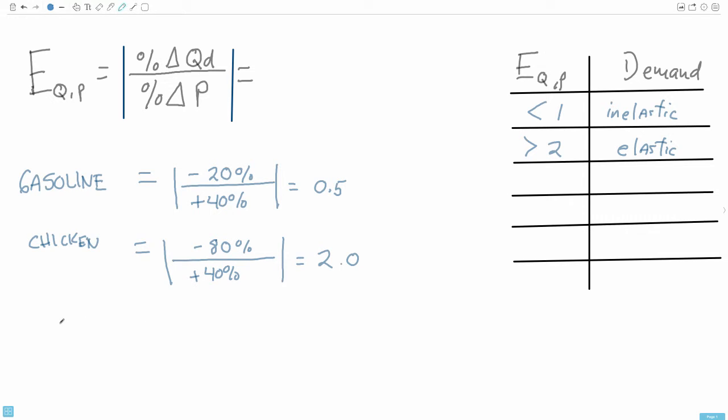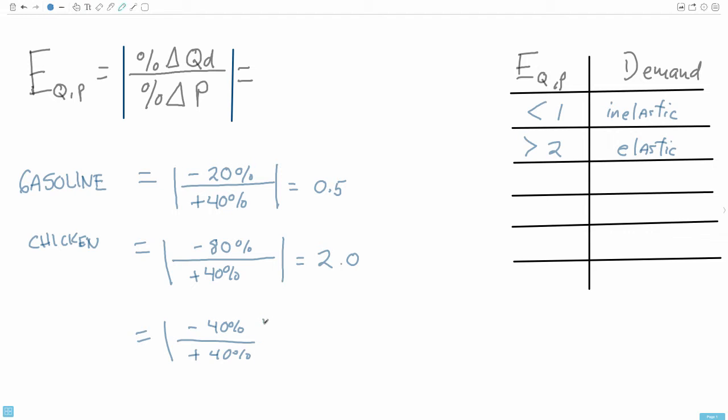Now, there is a situation where the price increase and the quantity demanded reduction are about the same or exactly the same. So imagine a situation where the price of any good increases by 40%, and we reduce our consumption by 40% as well.